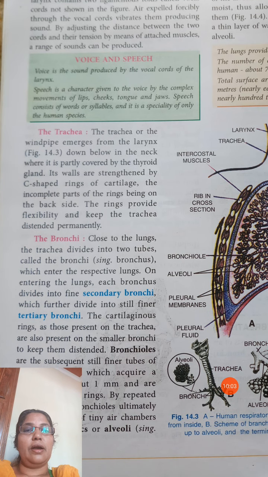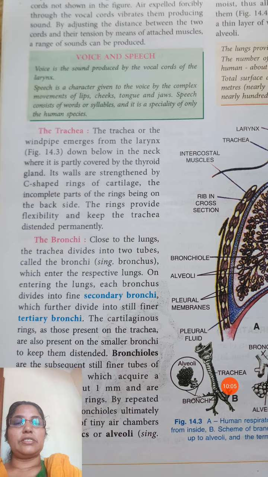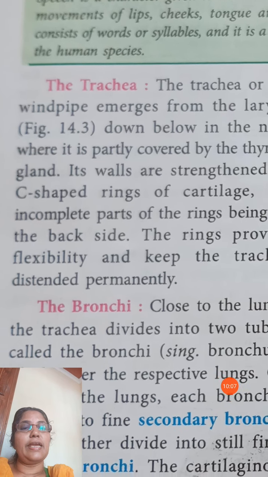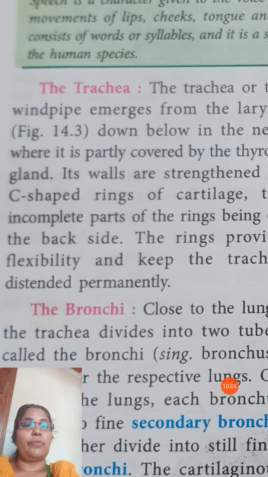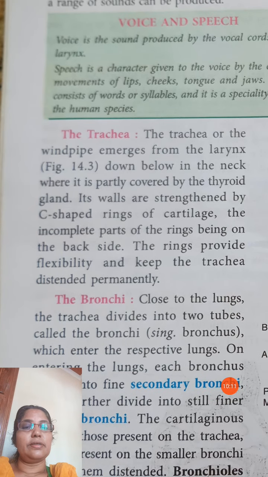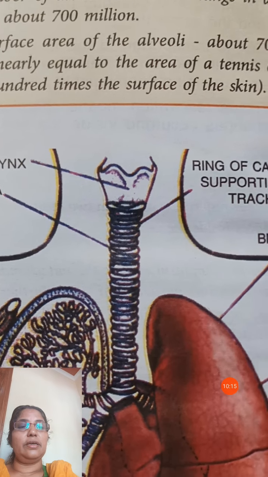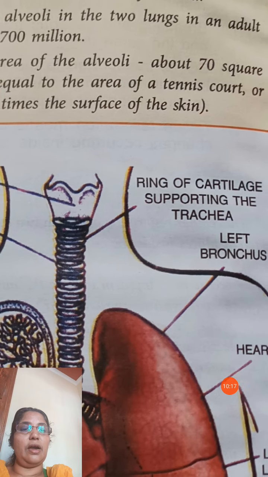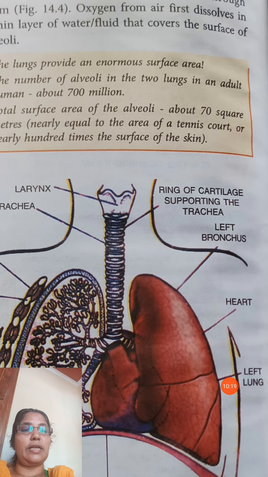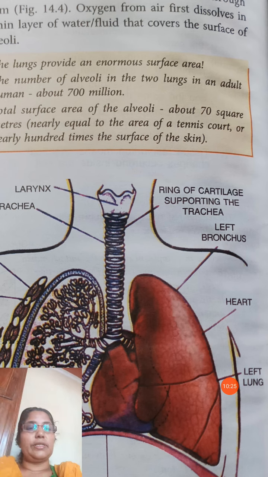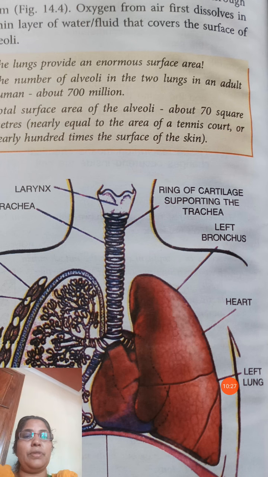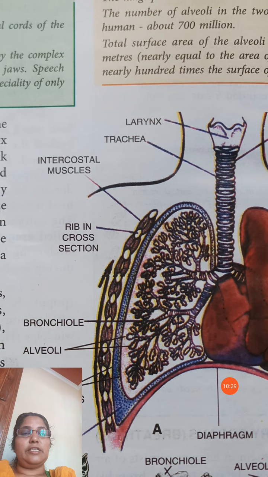Then the trachea has particular C-shaped cartilaginous rings supporting the walls of the trachea. What is the trachea? It is the trachea. Here in the trachea, rings of cartilage, supporting cartilage ഞാൻ പറഞ്ഞു, a kind of tissue that is supporting the trachea.